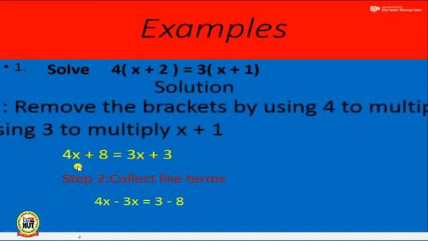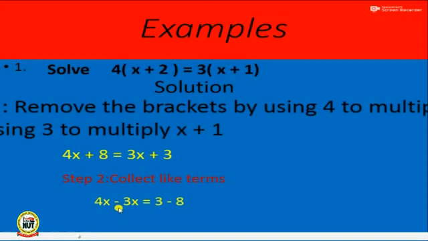From the left hand side we have 4x, a number with a variable, and on the right hand side we also have a number with variable x, which is 3x. So collecting like terms here means those terms with the same variable move together, and the constant numbers 8 and 3 also go together.